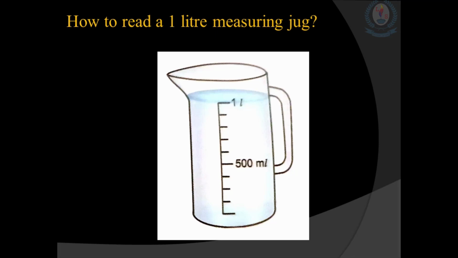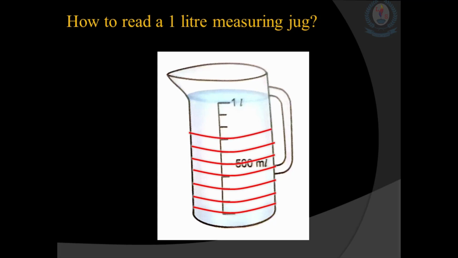The bottom marking is for 100 milliliters. Then 200 milliliters, 300 milliliters, 400 milliliters, 500 milliliters, 600 milliliters, 700 milliliters, 800 milliliters, 900 milliliters, and 1000 milliliters.